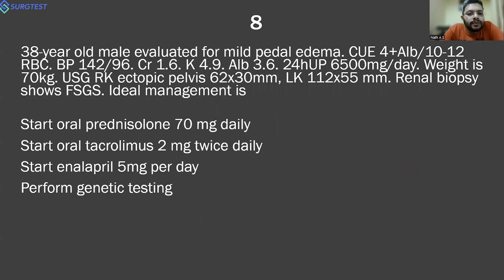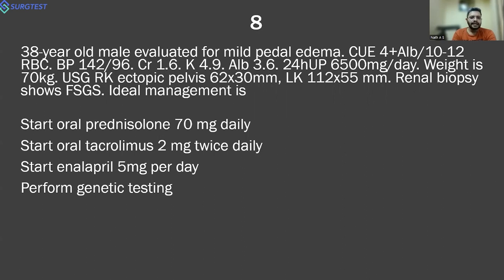Number 8, 38-year-old male evaluated for mild pedal edema. The CUE is 4 plus albumin, 10 to 12 RBCs. BP is 140 to 96. Creatinine is 1.6. Potassium is 4.9. Albumin is 3.6. 24-hour protein 6.5 gram. Weight is 70 kg.